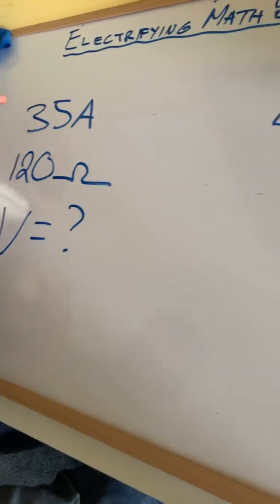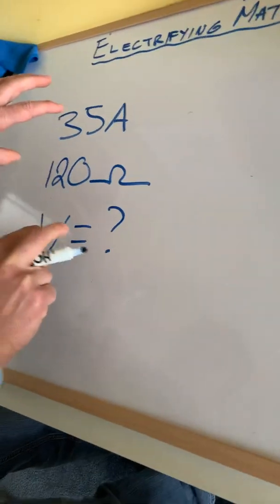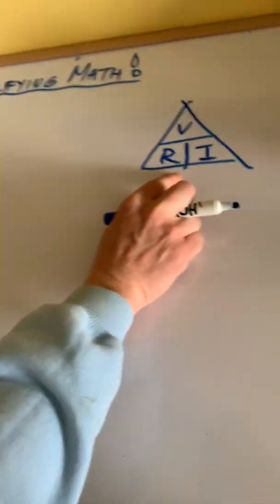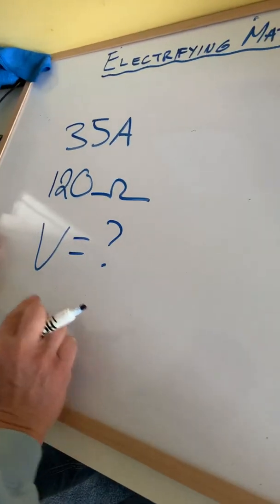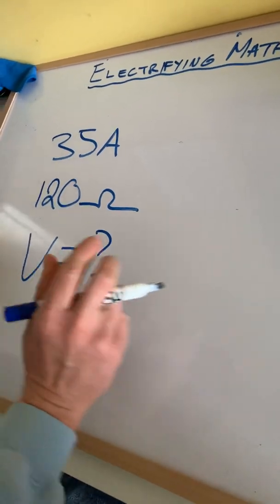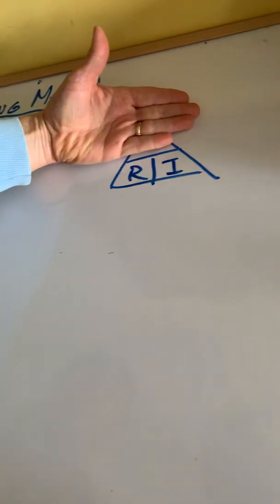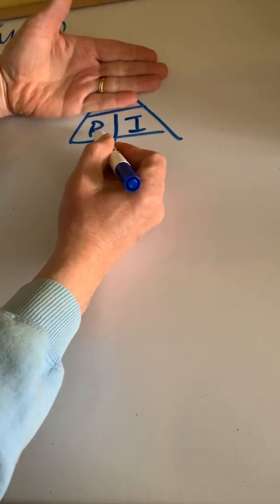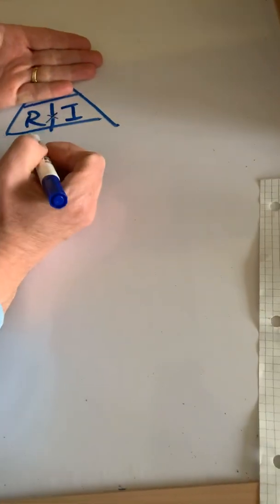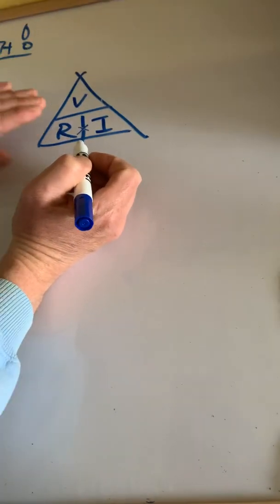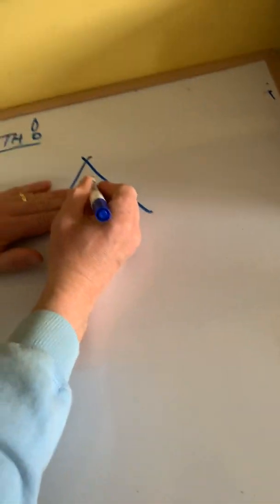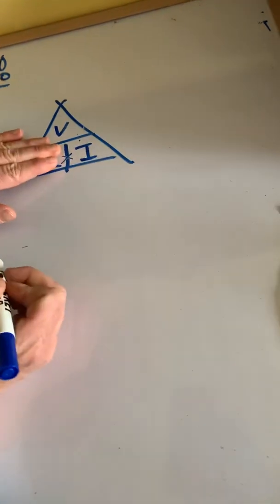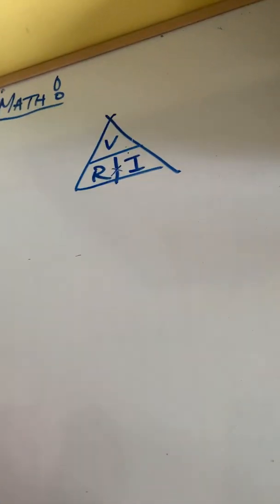When you've identified the three variables we're talking about, you've got to find the triangle that has all three. And then when you want to figure out one of them, you cover it up and you do the operation that's left, which would be resistance times current, right? If I wanted to find resistance and I was given those two, it would be voltage divided by current, okay? I hope everybody's with me on that.